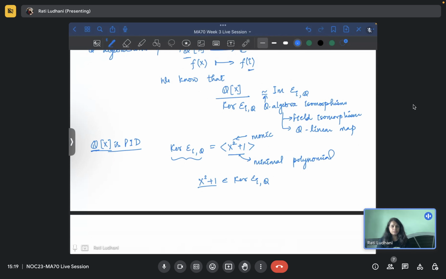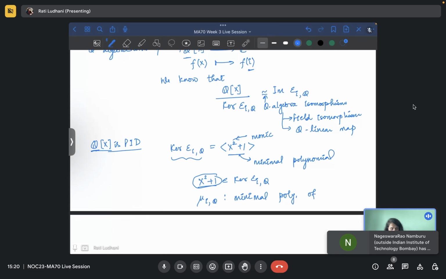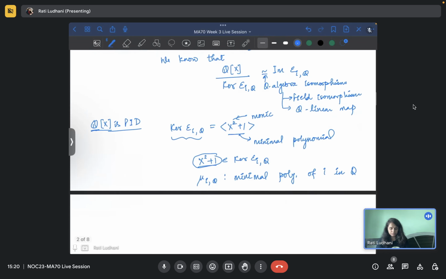Now for minimal polynomial, what should we have? Let's say mu I, Q, that is your minimal polynomial, the usual notation of I in Q. So this is your minimal polynomial.